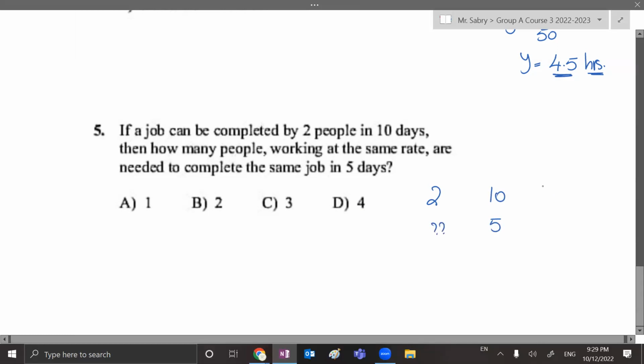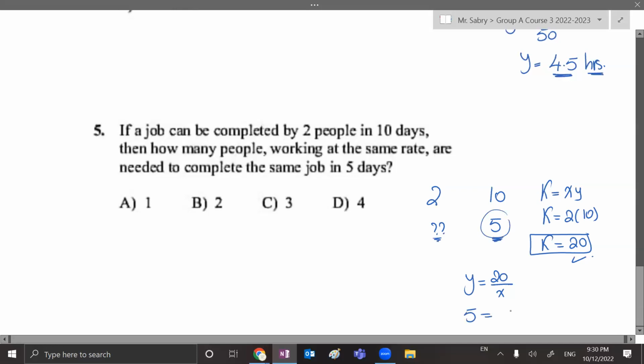How can I do this? Again I'll get the value of k by multiplying x times y. So k equals 2 times 10, which means k is 20. I got the value of k, so I'll write the equation: y equals 20 over x. Now you do not have the value of x, instead you have the value of y. So I put y as 5, and I have x as an unknown.